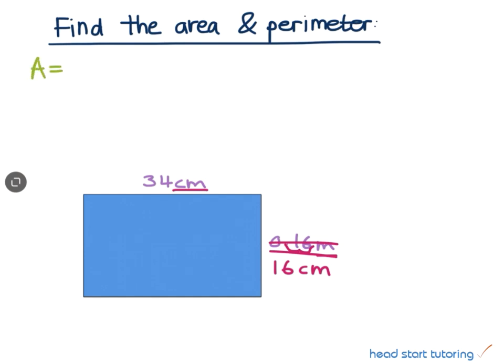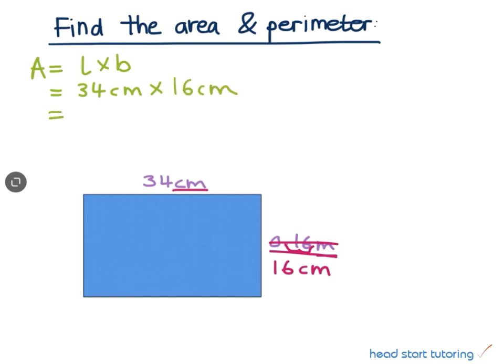The area of a rectangle is equal to length times breadth. The first step you must always put down is the formula. Right, so then we plug in our length, which is 34 centimeters, and we multiply it by our breadth, which is 16 centimeters.